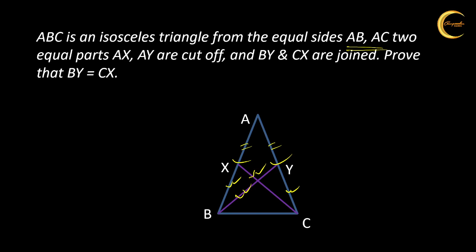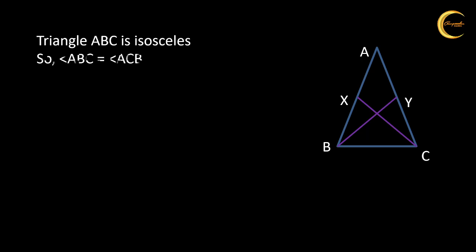Now again we can actually make the solution for this problem. Now you can see the solution of this problem. Now this ABC is the triangle and CX and BY are the lines, and we have to prove this BY equals CX. Now you see here.